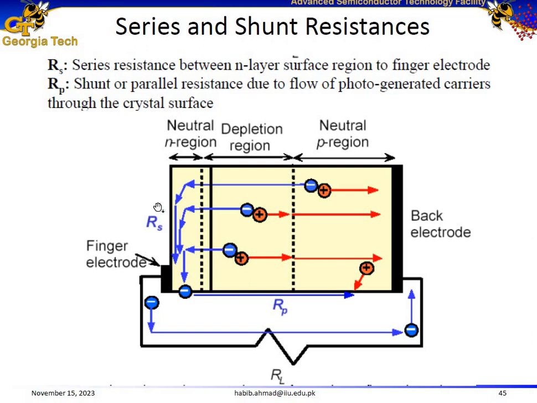We would like to have as small a series resistance as possible, and as high a shunt resistance as possible.